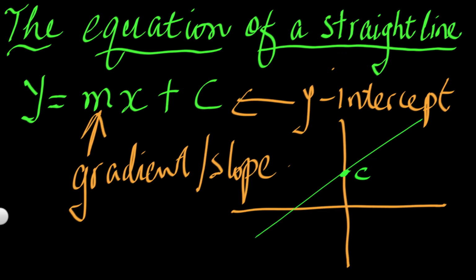I'll start with the situation where we are given 2 points on the straight line. So you are finding the equation of a straight line given 2 points. Let me write an example of the question.